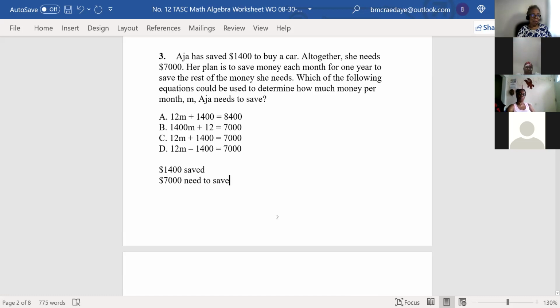All right. Now, how much more does she need? How would you find that? I'm just working with these figures right here. Adria has saved $1,400, she needs to save $7,000. How would you find how much additional money she needs to save?